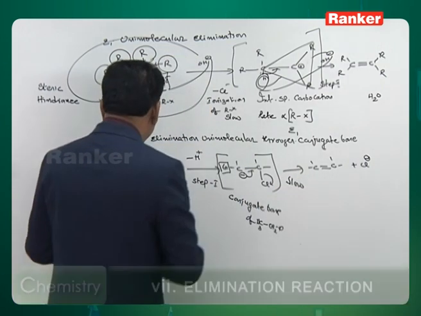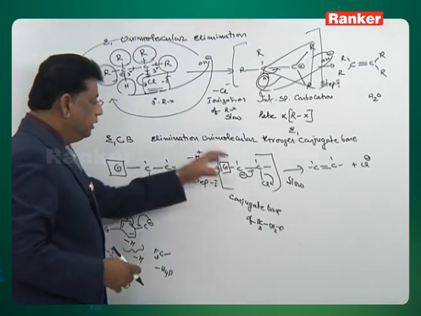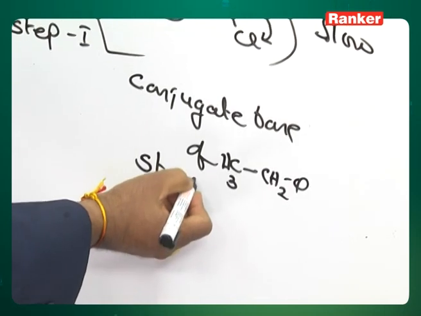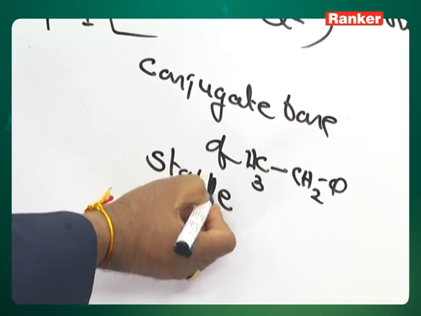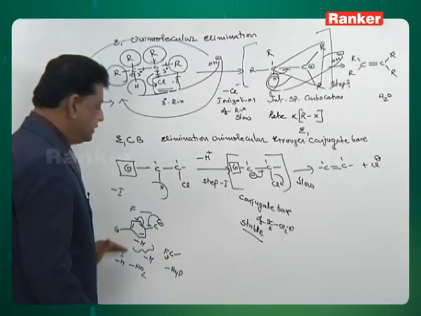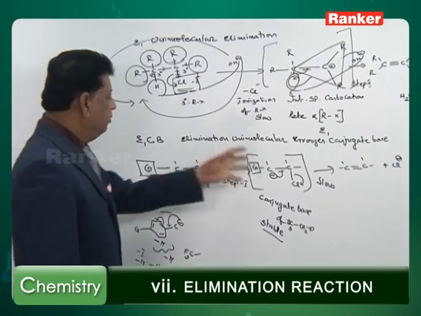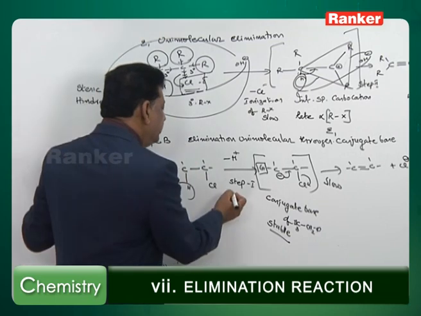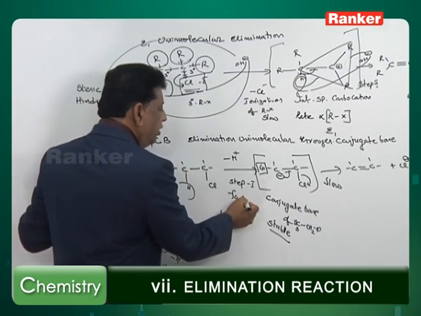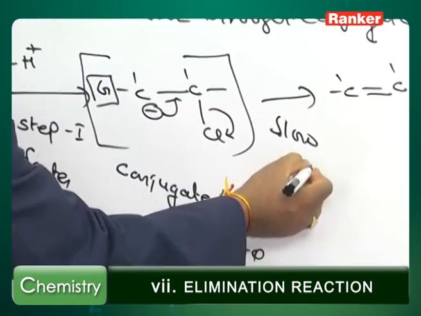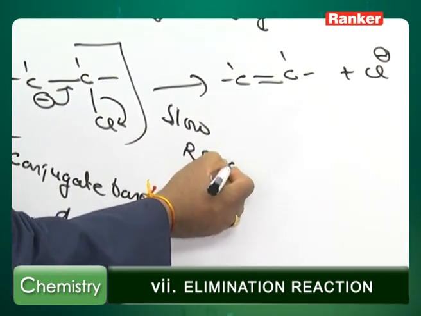That means the H plus removal will be fast, because a stable carbanion is formed, as I said, since some stabilizing features are attached to it. So the second step happens to be the slow step, or the rate determining step, RDS.